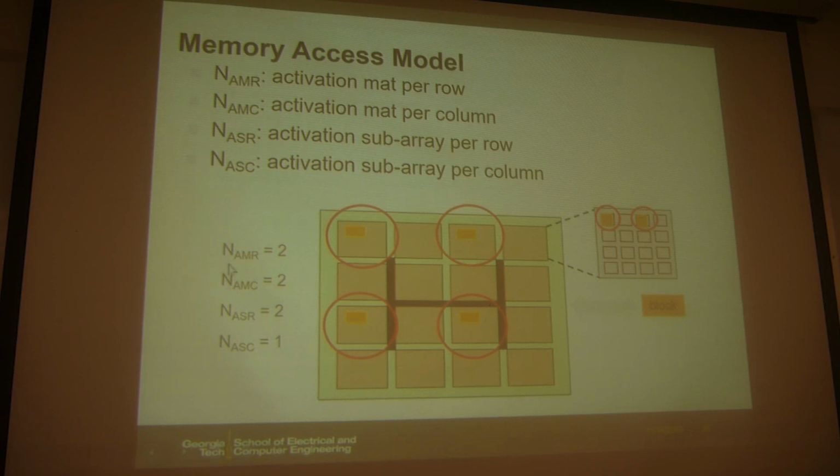Here it says the activated mats per row or per column in this bank. So if 2 and 2, that means you can access those 4 mats simultaneously. Those are the design questions for the high-level system architect to decide.